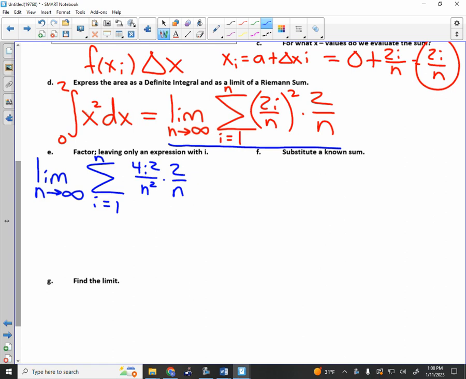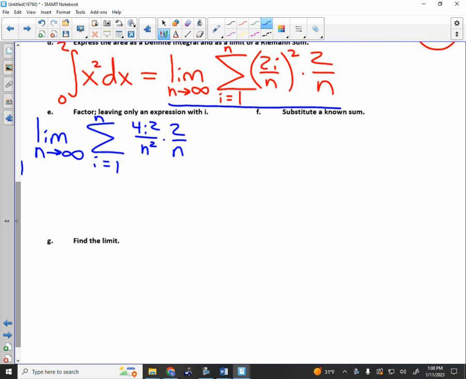Well, I can multiply that, can't I? I get the limit as n goes to infinity of the sum from i equals 1 to n of what's on the top? 8i squared over n cubed. Everybody follow me?